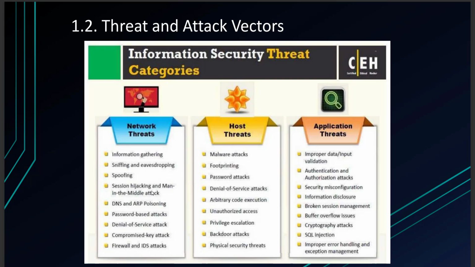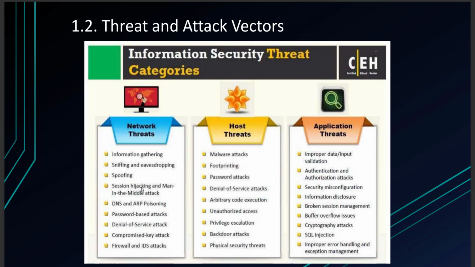Also other types of threats, we have the categories of the threats, how they are distributed. So the threats are distributed inside the network, inside the host, inside the application. So network threats can be anything inside the network, can reach the firewalls, the intrusion detection and prevention systems, the routers, the computers, the laptops, the phones, where hackers can sniff inside the network, spoof, and try to do man-in-the-middle attacks, like capturing the request.